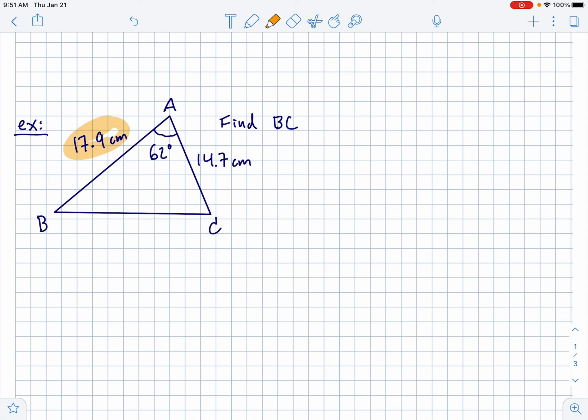The same way over here, I know this, but I don't know what this angle is. And the same could be said for this side and this angle. Now, if there had been another angle given, like if this was 19 or something, then you could subtract these from 180 to find this, and you could use the law of sines and so on. But we don't have any of that.